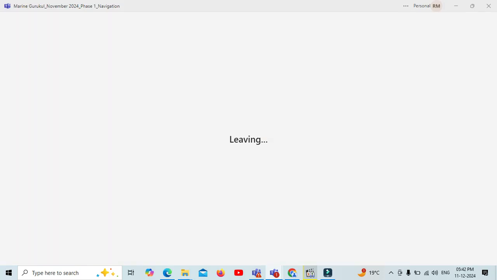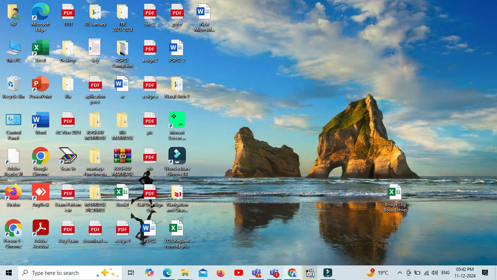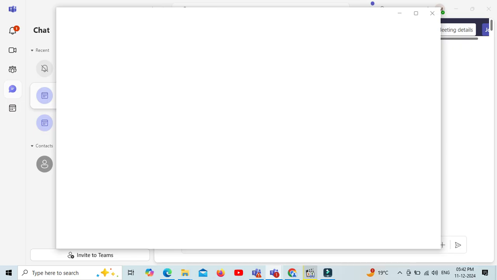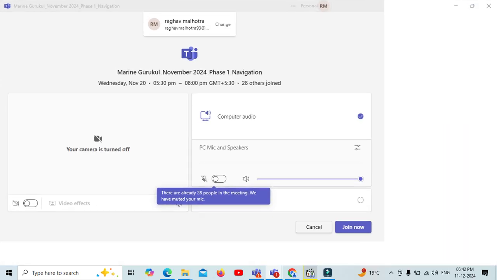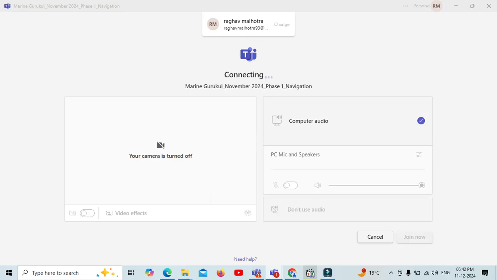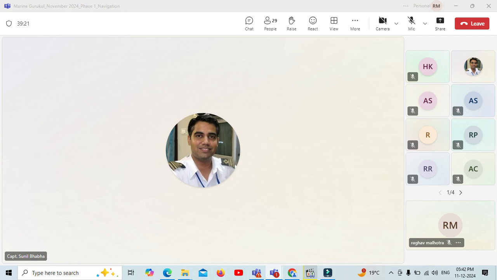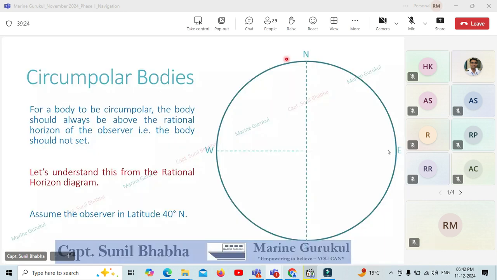You can assume the latitude. Mark the NESW points on the rational horizon. Then we mark the celestial meridian of the observer. We mark the prime vertical circle. Exactly at the center of this diagram is the zenith of the observer, represented by Z.